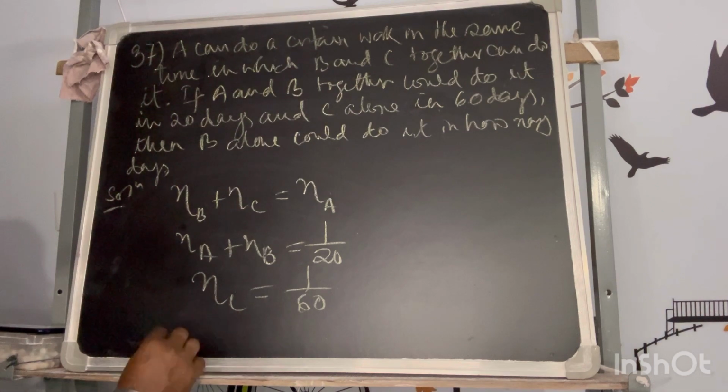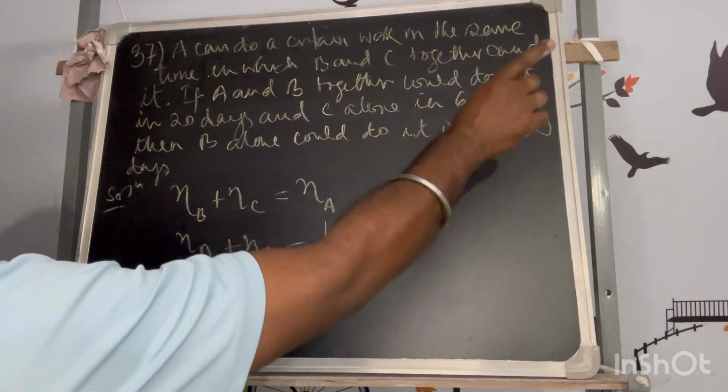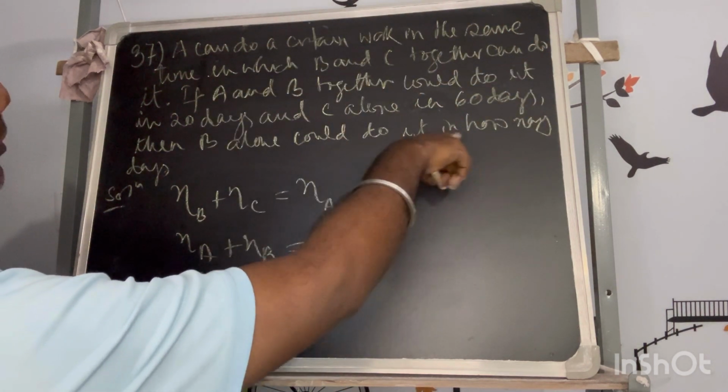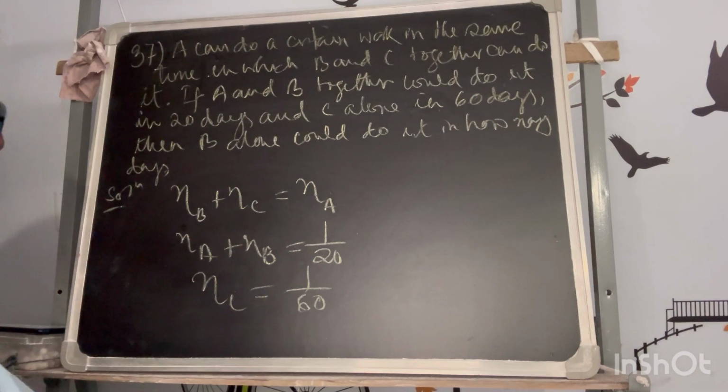Then B alone could do it in how many days? So B's efficiency is needed.